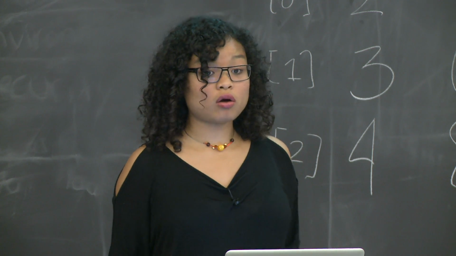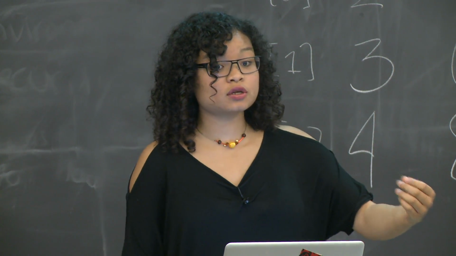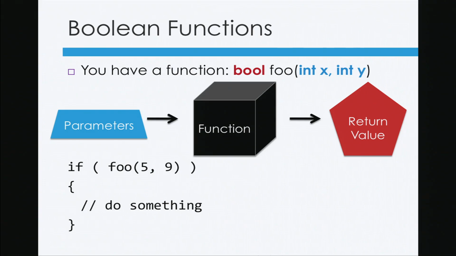When you call the function, you have to pass in certain values. So in this case, our function foo would have to take 2 integers. And within that function, it would be able to refer to them as x and y.